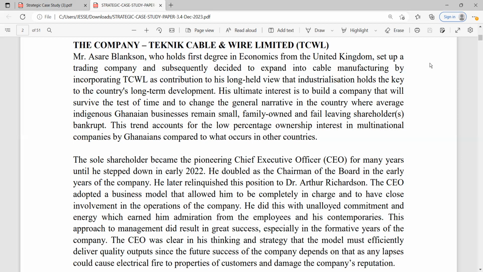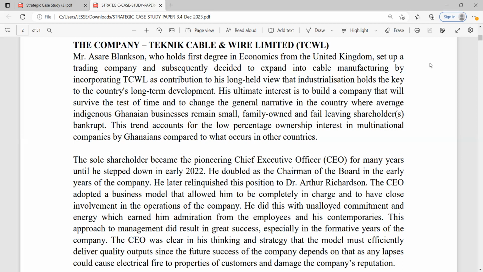So his ultimate interest is to build a company that will survive the test of time and to change the general narrative in the country, where average indigenous Ghanaian businesses remain small, family-owned, and leaving shareholders bankrupt, right?